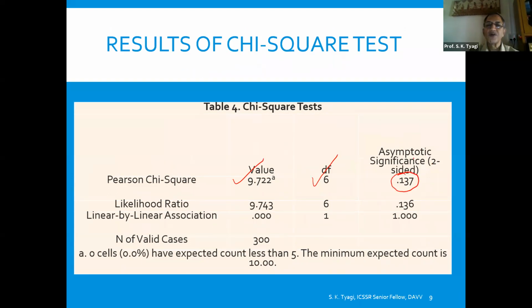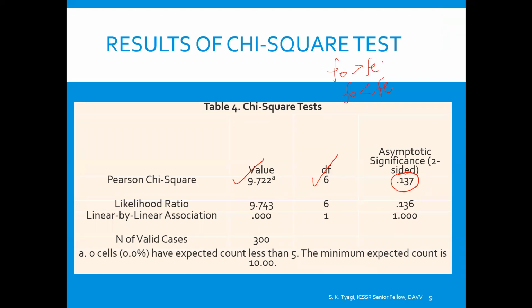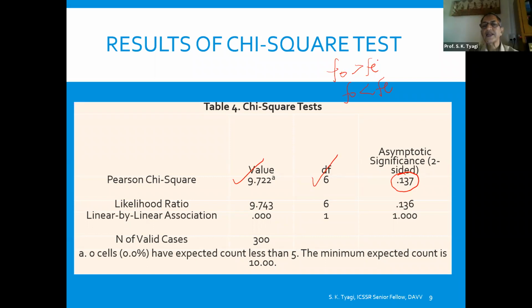Two-tailed means we cannot say whether FO will be greater than FE or FO will be less than FE. If we were in a position to say this, then we could have tested a directional hypothesis and used a one-tailed test. But since we cannot say this, therefore we will be using this.